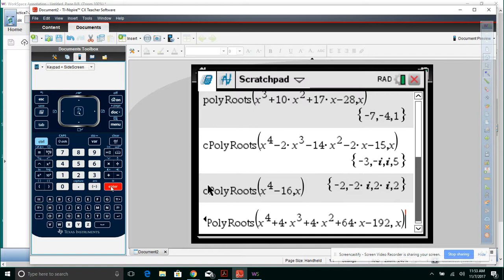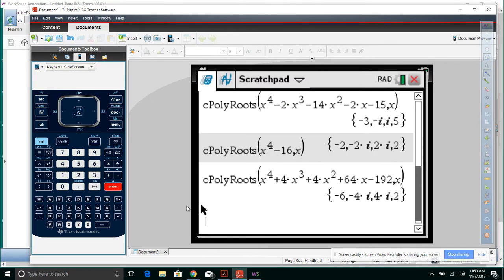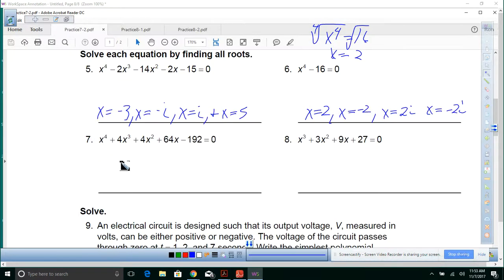Enter. And check it. It looks good. Press enter. And you got negative 6, negative 4i, and 2. So x equals negative 6, negative 4i, and 2.